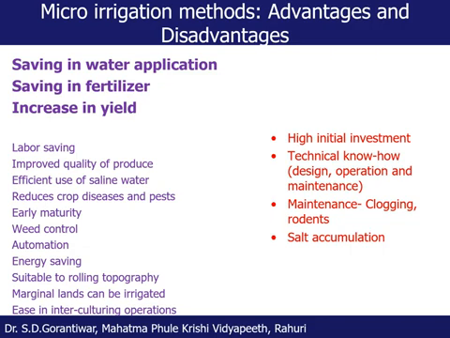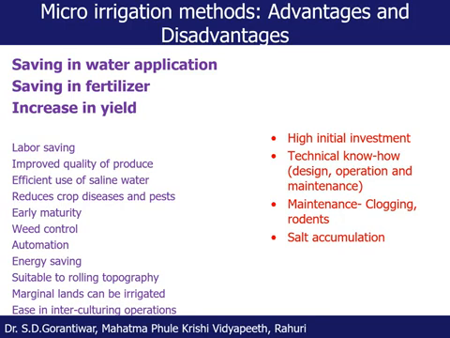Then this is suitable for rolling topography without doing much land leveling, where we expose the soil as well. Then we can apply this method to small pieces of land. And also this method offers ease in interculturing operations.